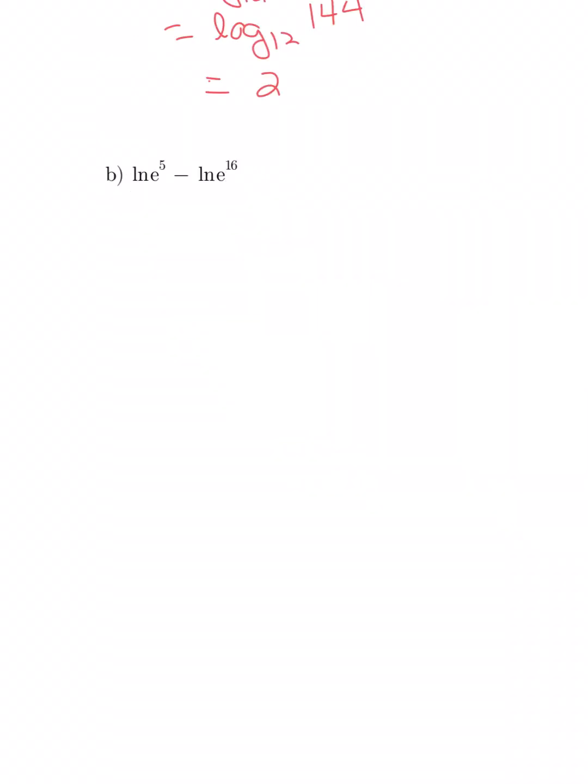On this problem, we're going to use the idea that we have powers on our arguments and we're going to drop them to the front to become coefficients. So my first term will become 5 times the natural log of e minus the second term becomes 16 times the natural log of e.